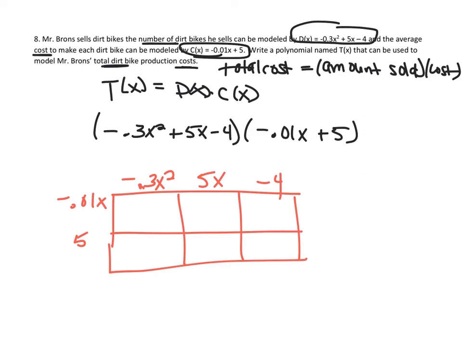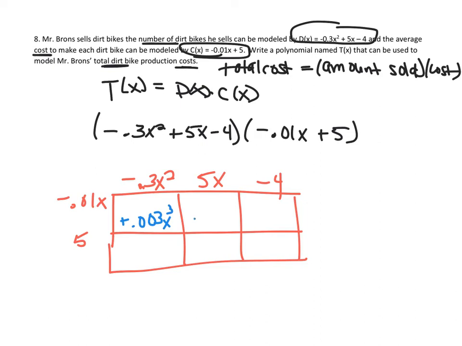So my first thing is I'm going to multiply negative 0.01 times 0.3, negative 0.3x squared, and that's going to end up getting me a positive 0.003x cubed.